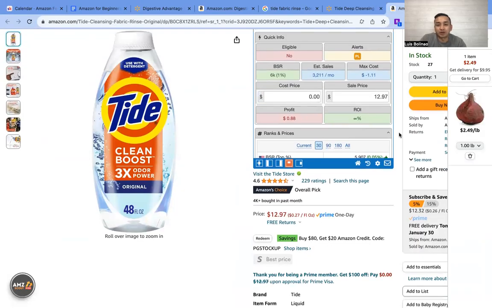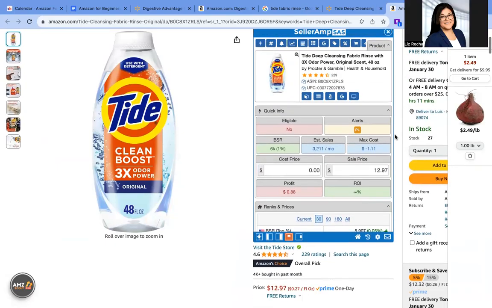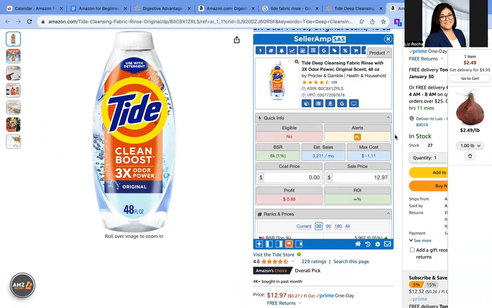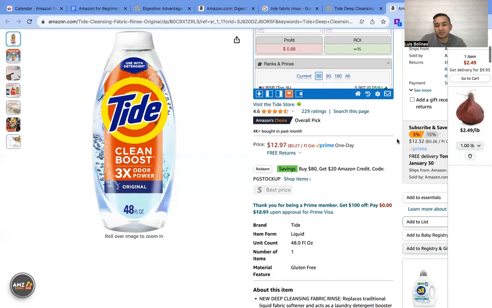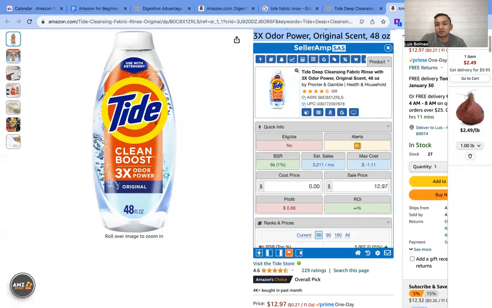So you want an example of how it looks when it's popular? Yeah, so it says eligible no, so that means it's gated, right? Yeah. And then what does PL alerts mean? Oh, this one is private label, it says. But this one's not always accurate though.